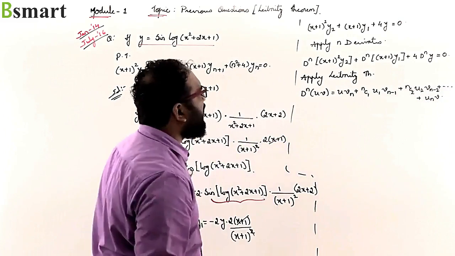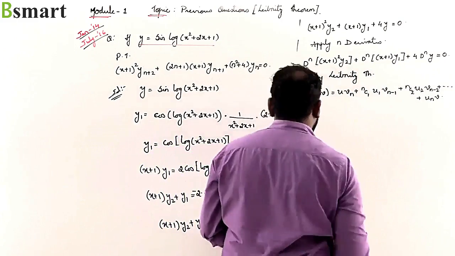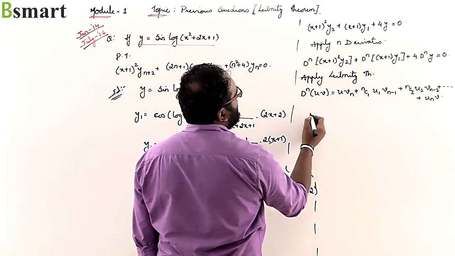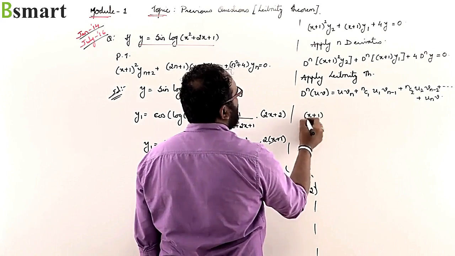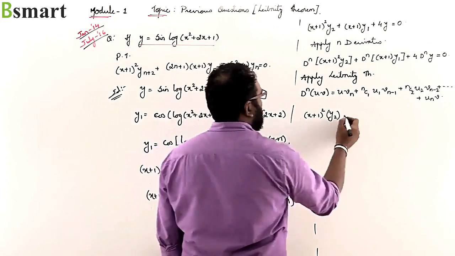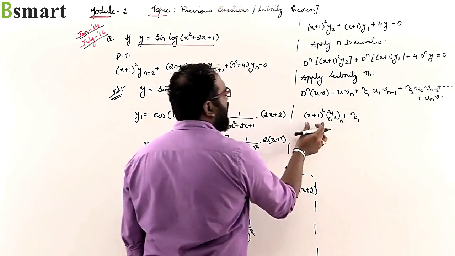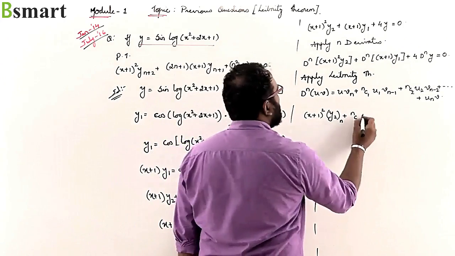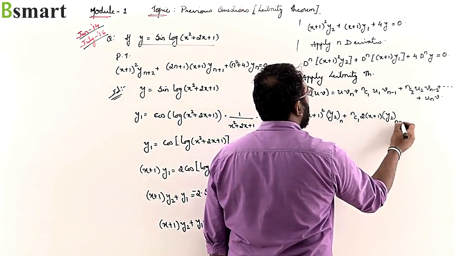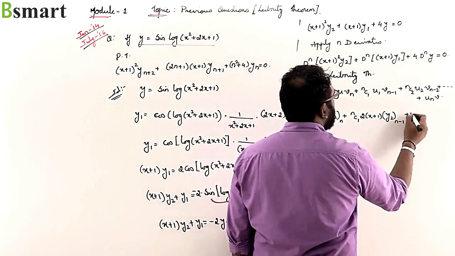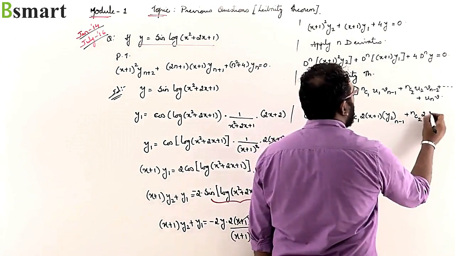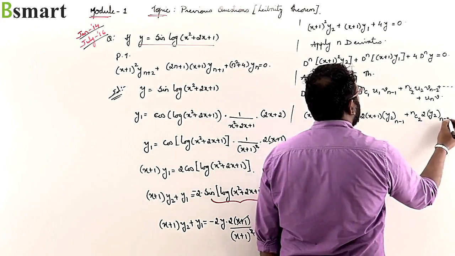So then if we apply the Leibniz theorem for individual terms, for this, u is x plus 1 whole square, so that is x plus 1 whole square into y2 of nth derivative, plus nC1 into the derivative of x plus 1 whole square, that is 2 into x plus 1, into y2 of n minus 1th derivative, plus nC2 into the derivative of 2 into x plus 1, that is 2, into y2 of n minus 2.